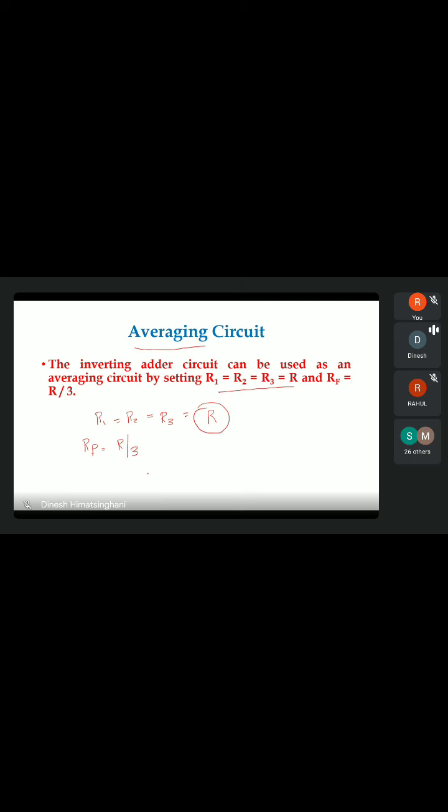Let me just work this out. If you remember, V0 is minus RF upon R1 V1 plus RF upon R2 V2 plus RF upon R3 V3. This was our original equation.